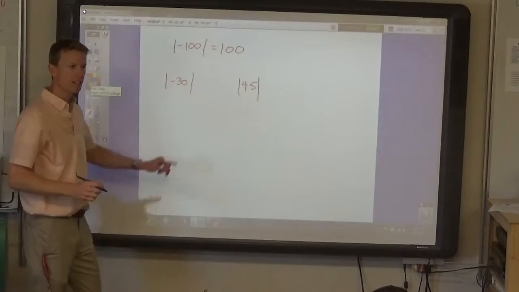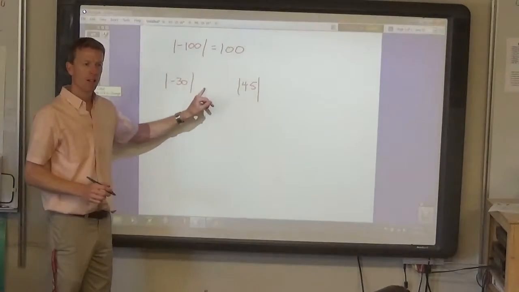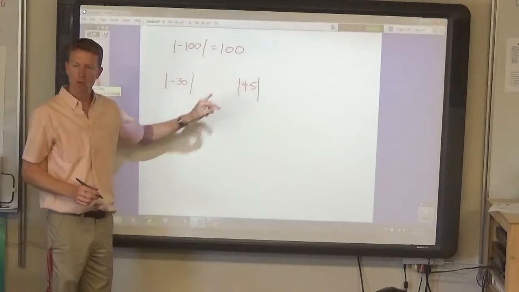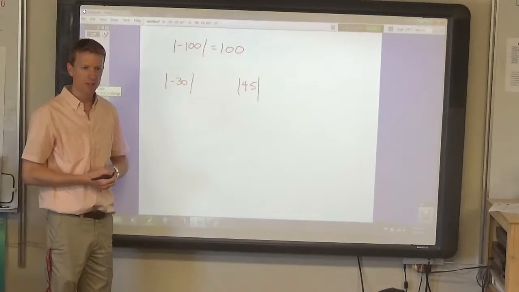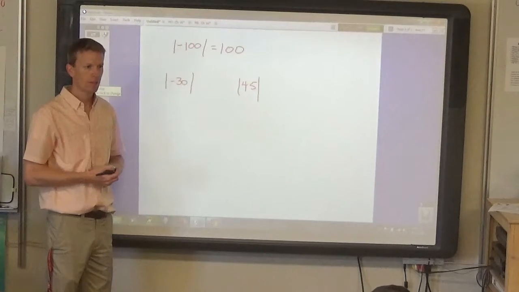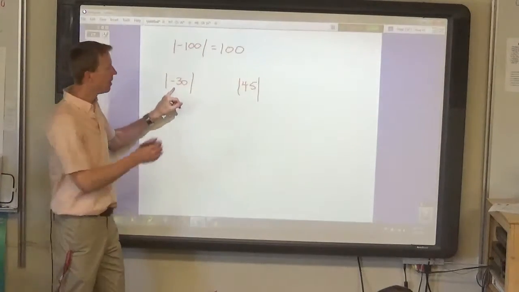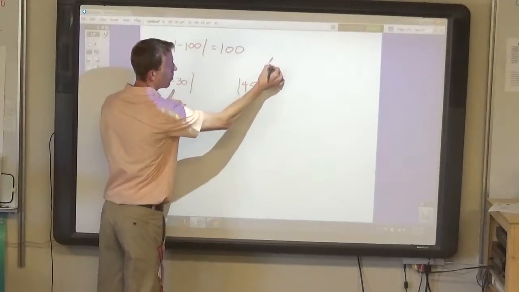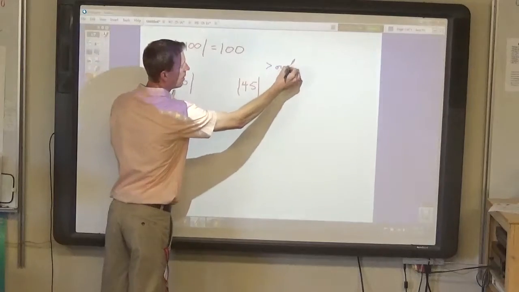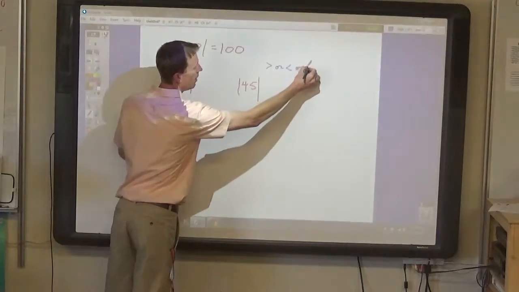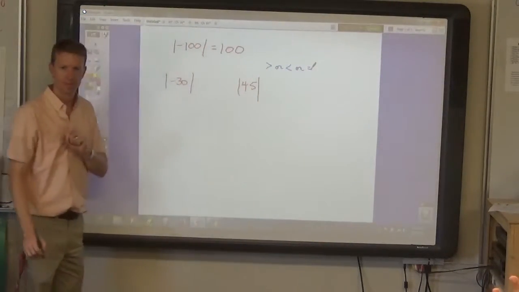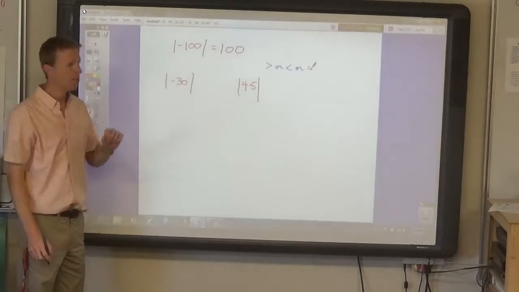And so you'll have to put the symbol in. What inequality symbol would go in between these? Is it greater than, or less than, or equal? Which symbol would go in between?